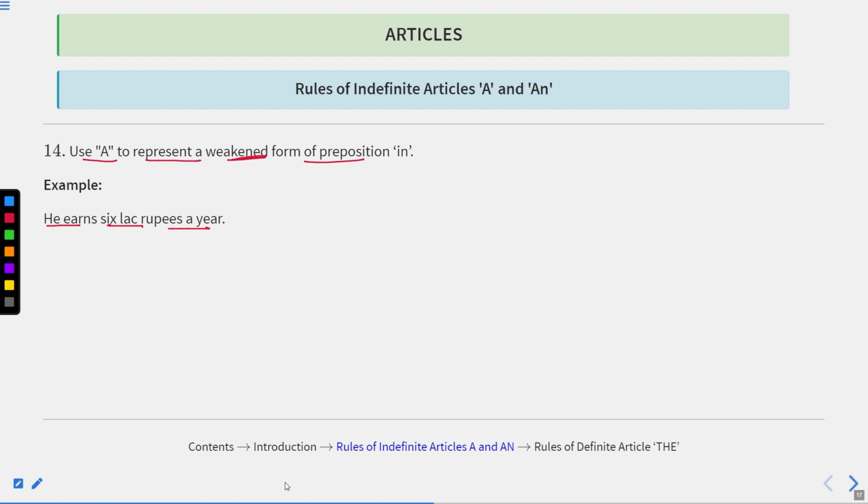In the sentence you can see he earns 6 lakh rupees a year. A year means he earns 6 lakh per annum, or in a particular year he earns 6 lakh. If I say he earns 40,000 a month, it means in a month he earns 40,000 rupees. So in this manner we can use a before the duration of that particular year or month. A year means in 1 year.